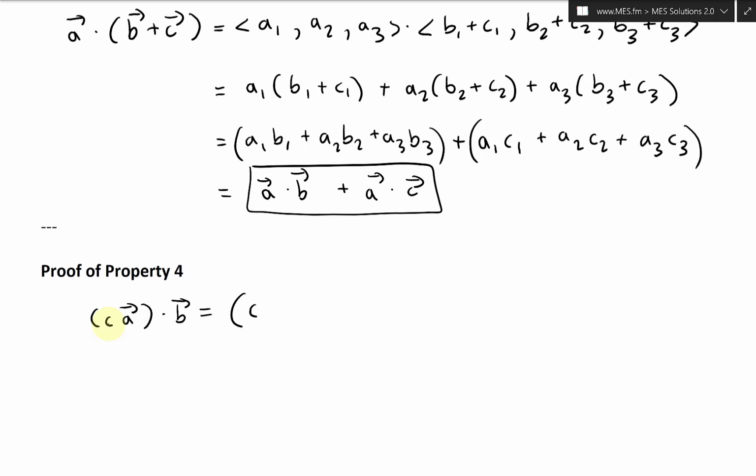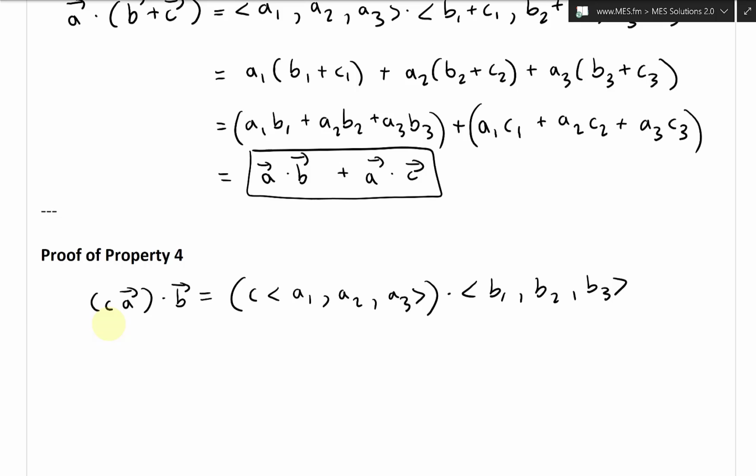C times the components of this vector A1, A2, A3, dot components B1, B2, B3.